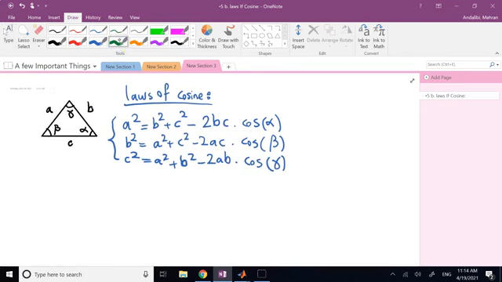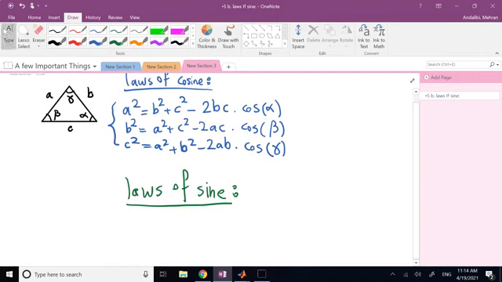The other thing we have is called laws of sines, or sine. This one says the ratio of any side to the sine of the angle in front of it, A over sine of alpha. The other one is what? B over sine of beta, correct?